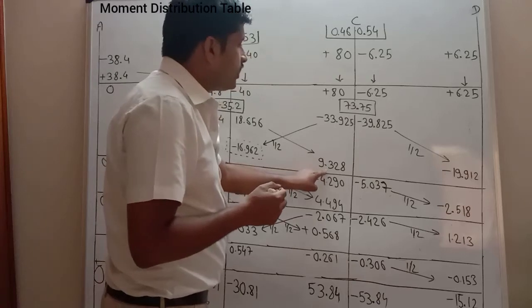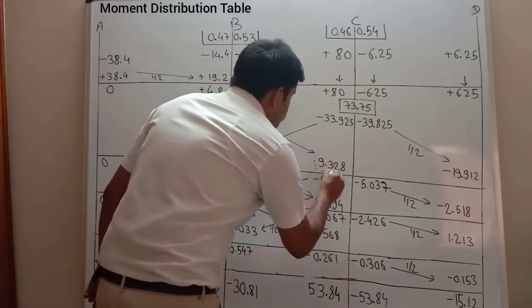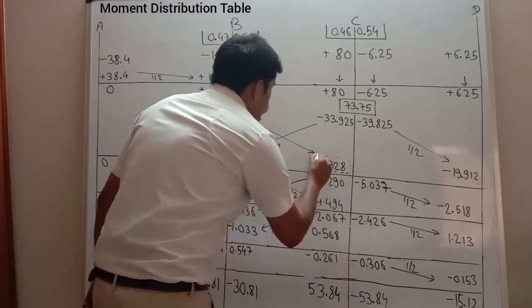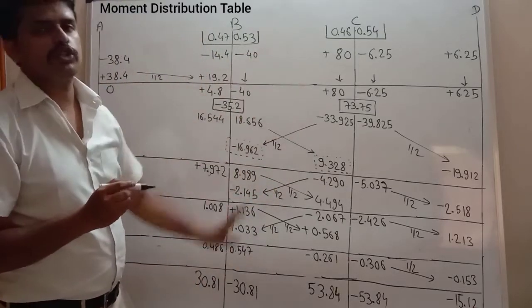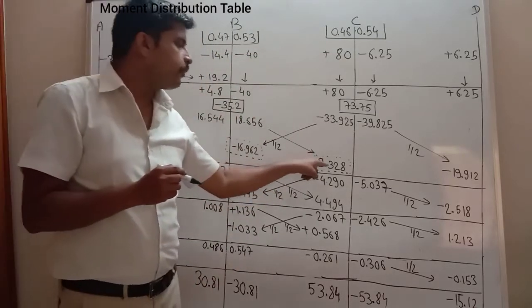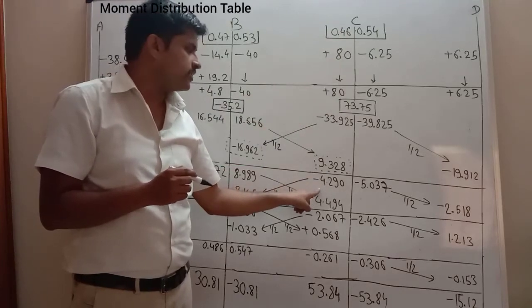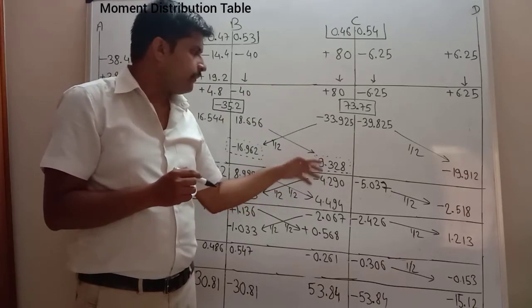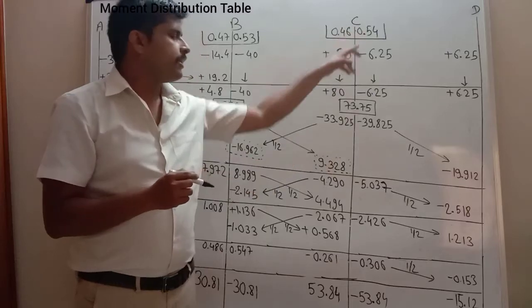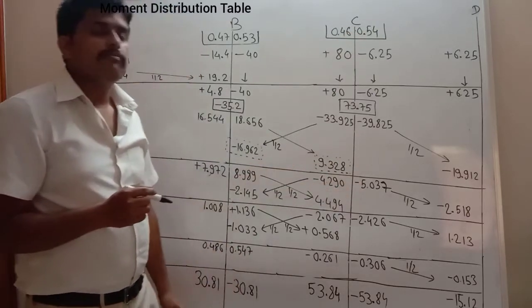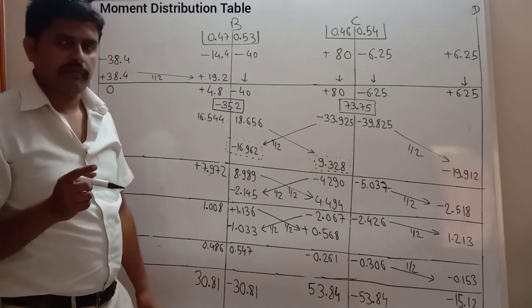Next, 9.328 will act as a box value with which we multiply the distribution factors. So 9.328 into 0.46, we will get minus 4.290, that is the opposite sign. 9.328 multiplied by 0.54, we will get minus 5.037.